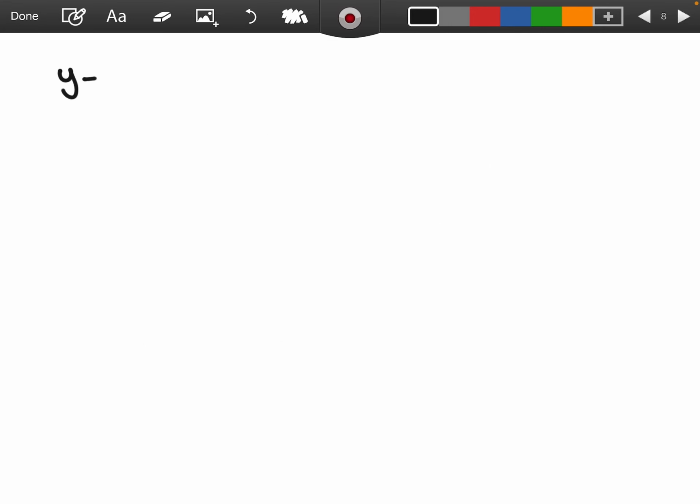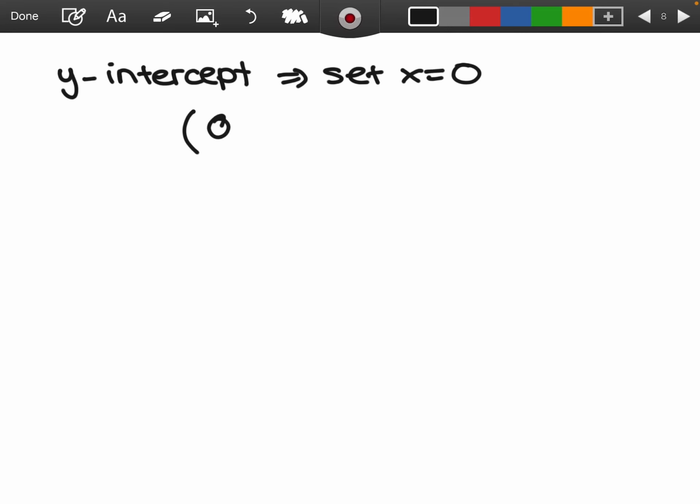For the y-intercept, you should find that things actually cancel themselves out even if you don't use simplified form. It can be easier to do this with simplified form, but you do not need to. So for the y-intercept, you set x equal to 0. And if you do that with our function, you should find that your y-intercept is 0, negative 5 over 6.